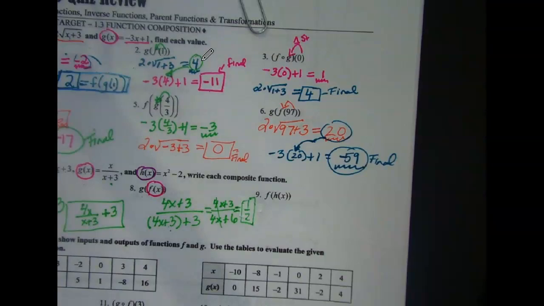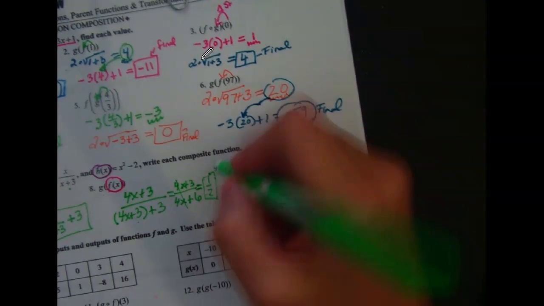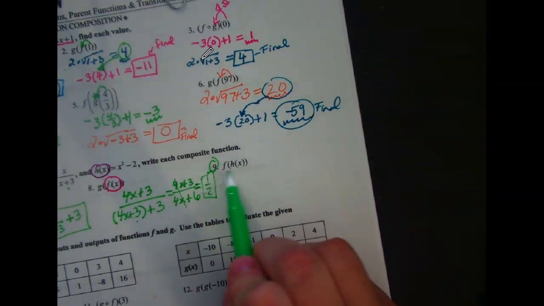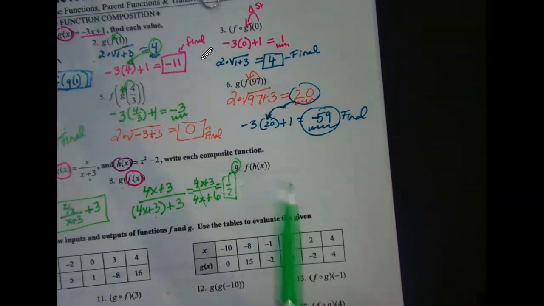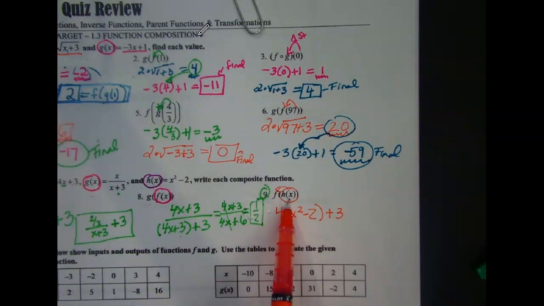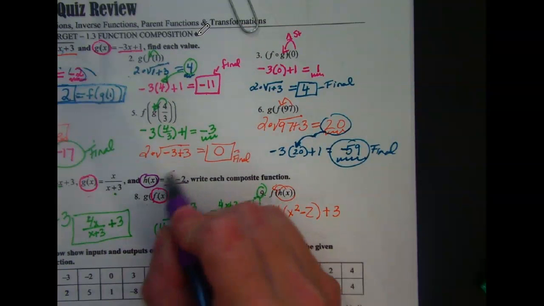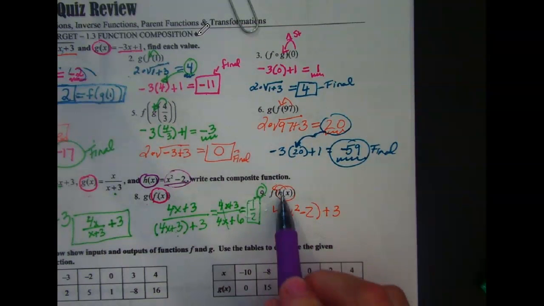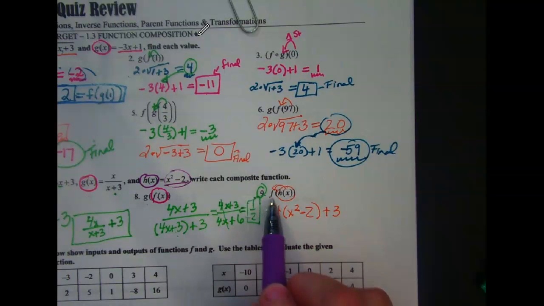Okay, so now we're going to look at number 9. I'm going to have you try to set up number 9 for me on your own. Just set it up. Okay, so if you set this up correctly, you plugged in your h, you plugged this entire x squared minus 2 into where you saw the x for the f function.